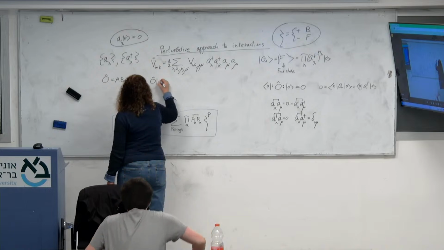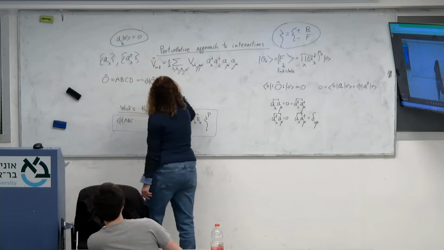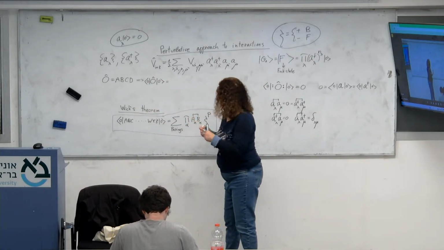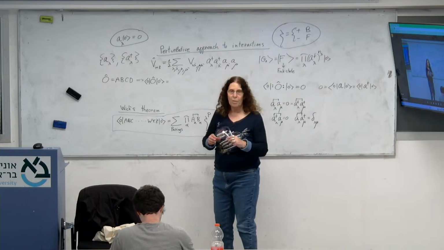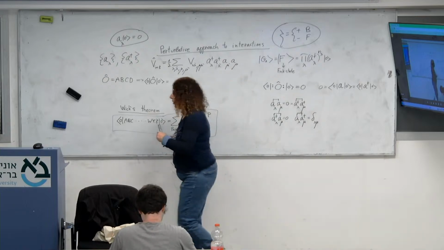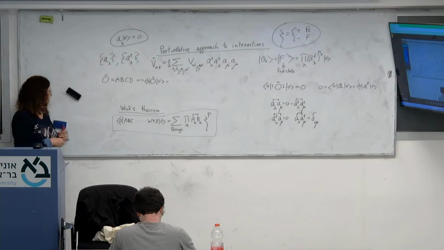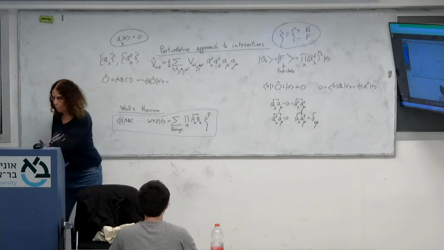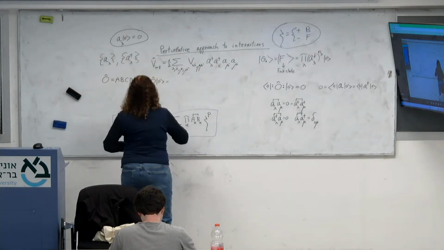So what Wick's theorem tells you is the following. I'll write it first in colors. We use three colors because there are actually three terms.